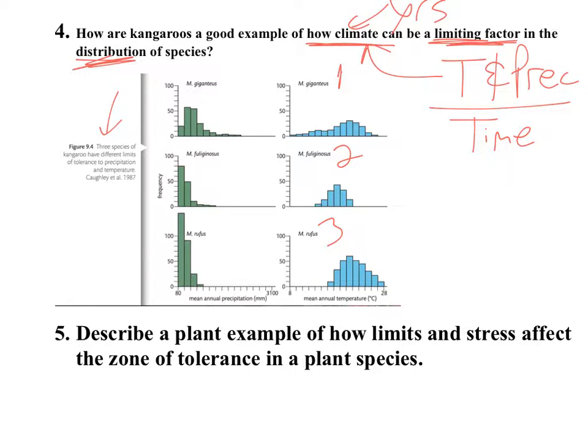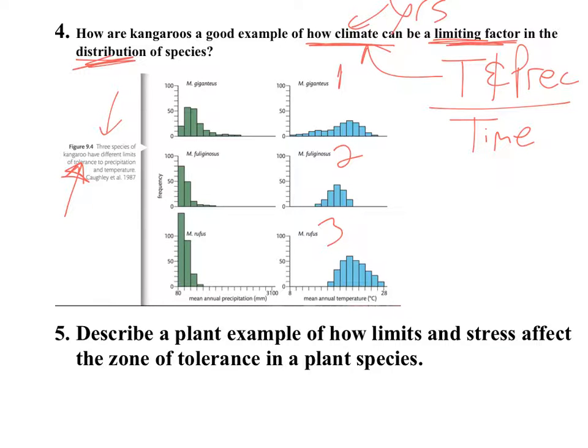So if you look at it, there is a tolerance level. So when you read your textbook, look for tolerance, and some species are more tolerant than others. So let's see our annual precipitation tolerance for some species is better than others.